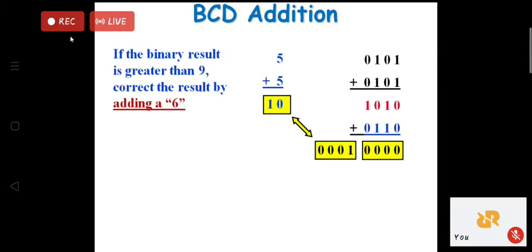You don't care whether the answer is going above 10 or whatever number can come. For this addition, the answer has come as 1010. By now you know by heart that 1010 is 8 plus 2, that is 10.